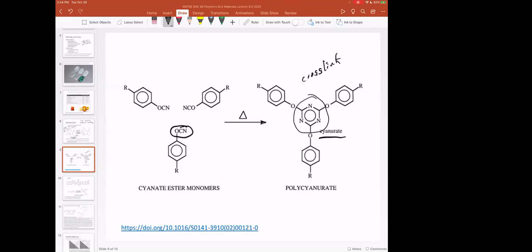So if you're interested in the chemistry, there's lots of cool papers on this because this is actually pretty old chemistry. We've had cyanate ester cross-linking for a long time. It's just a little bit different than epoxies, but it's employed in similar applications to epoxies.